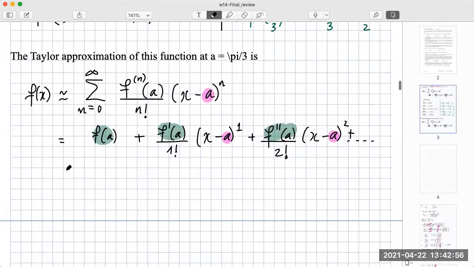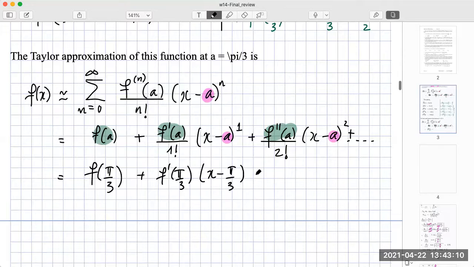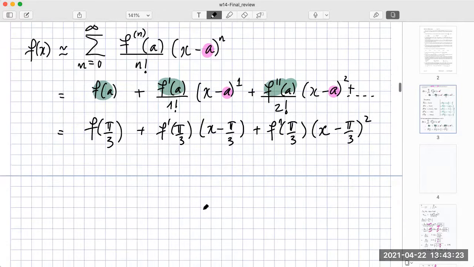Now, before we do this, let us write it as f of pi over 3 plus f prime of pi over 3 times x minus pi over 3, plus f second at pi over 3 times x minus pi over 3 squared, right?